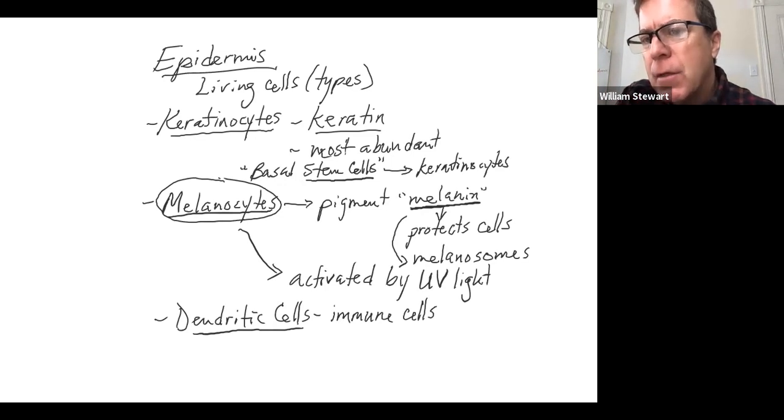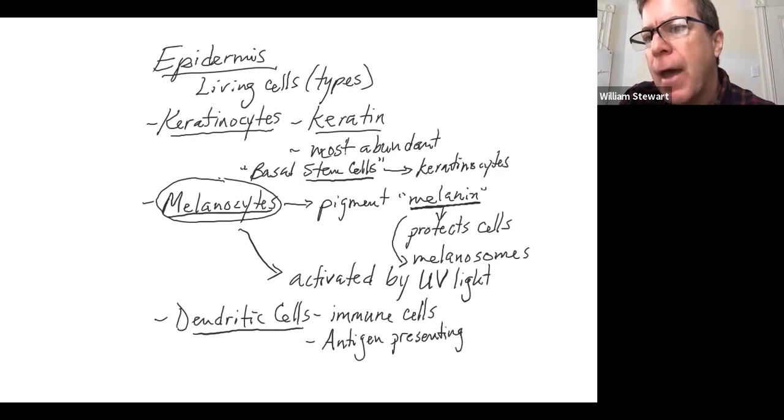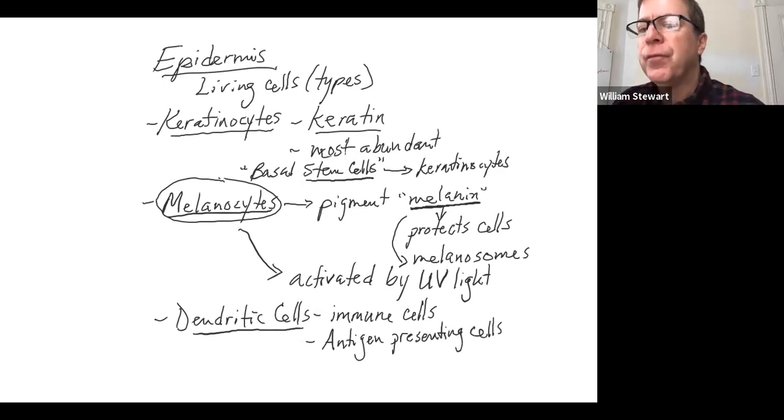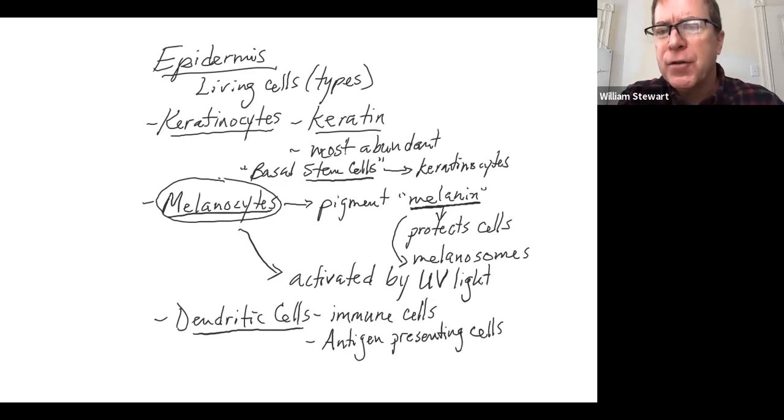How they behave like immune cells is they are called antigen presenting cells. When you study the immune system, you'll get into the details of that. In 20 seconds, I'll tell you what that means. Antigen presenting cells just means these dendritic cells are spiky on the ends.